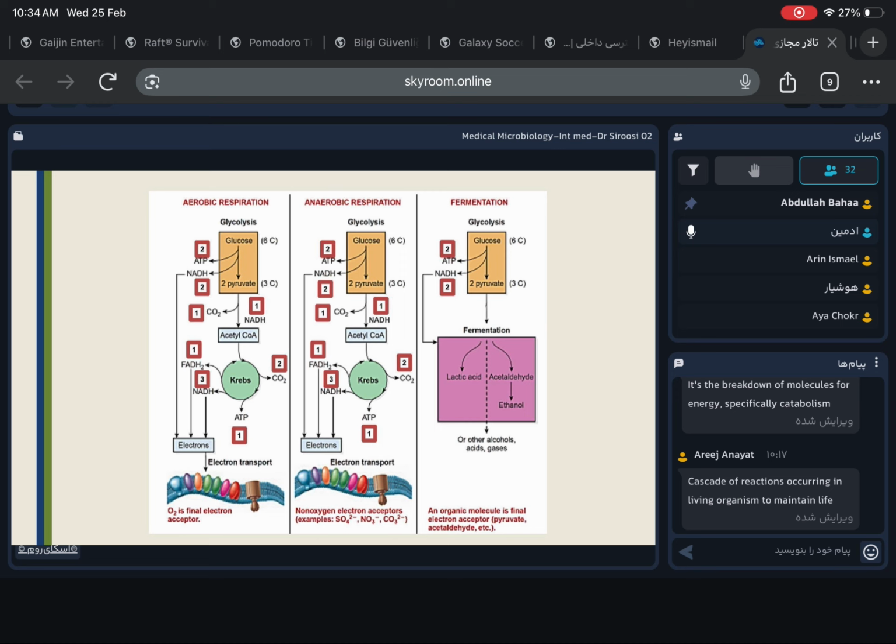Remember that during fermentation, when NADH molecules donate their electrons to organic molecules, this process is not used to get ATP at all. They do this only to regenerate NAD plus.